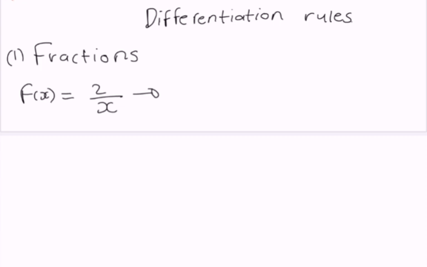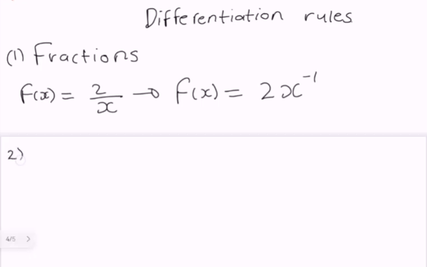So what you should do here is rewrite this as f of x is equal to 2x to the power of negative 1. When you take the x to the top, it becomes negative 1. So this is the first rule that you should know. That is very crucial. Okay, then we move to the second one.